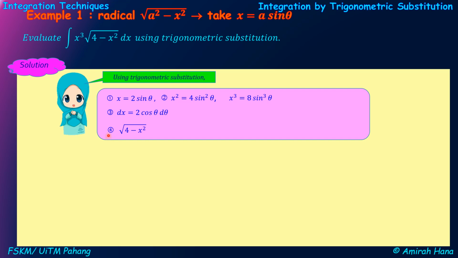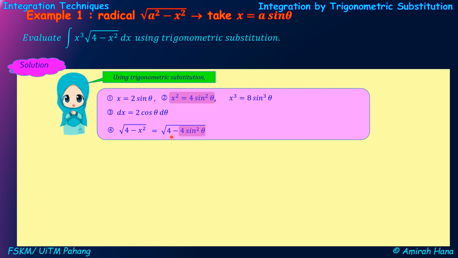And after that, step 4, we need to eliminate the radical from the given question. Okay? From the given question, we have the radical square root of 4 minus x squared. We can write this as square root of 4 minus, we replace x squared with 4 sin squared theta.